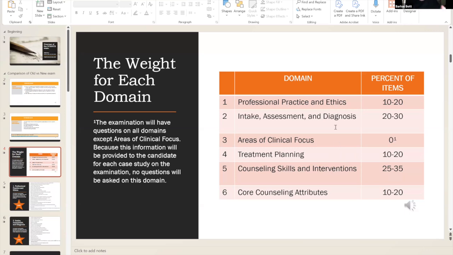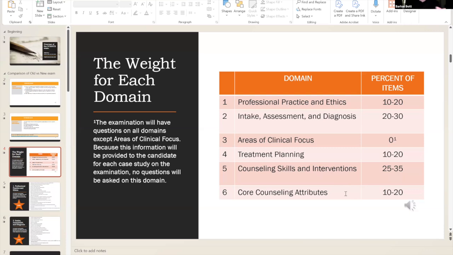Okay, so again, we start out with ethics, ethical concerns, go to intake assessment and diagnosis, naturally following treatment planning, counseling skills and interventions, which is 25 to 35% of the exam, the largest section. And hey, that's the one that also includes interventions. Yes, interventions based on the various theoretical knowledge requirements, right?